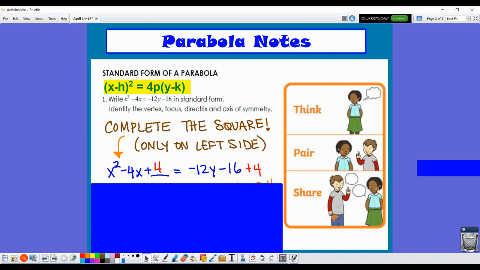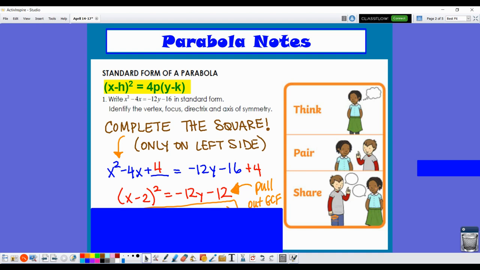Now I'm going to go ahead and simplify. I have a perfect square trinomial on the left side of my equation. To factor that, I ask myself, what number multiplied by itself will give me positive 4, but when added together gives me a negative 4? If you remember back to our circle equations, you would have the quantity of x minus 2 squared.